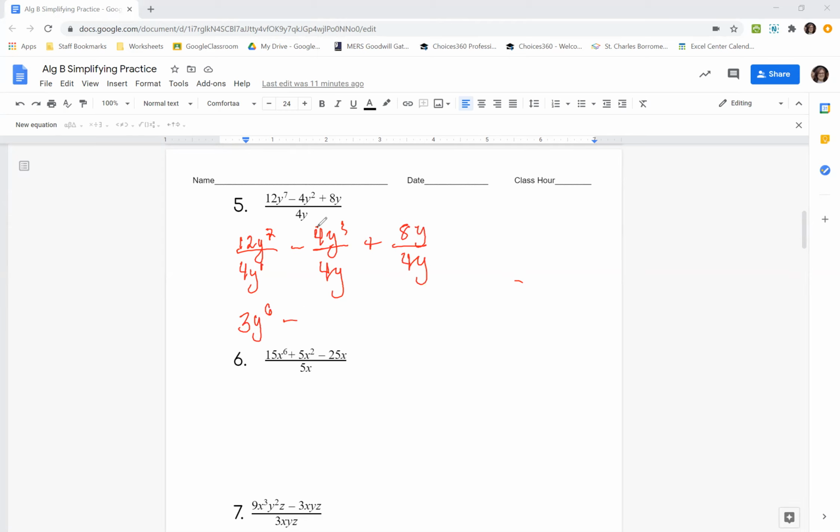Minus, well, 4 divided by 4 is just 1, and then y squared divided by y is just y, so I would have 1y, or just y. Plus 8 divided by 4 is 2, and y divided by y is 1, and 2 times 1 is just 2. So I'll leave it just like that, and that's my final answer.